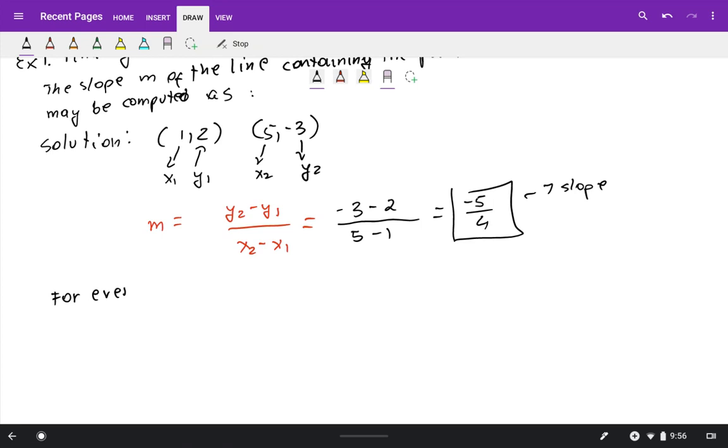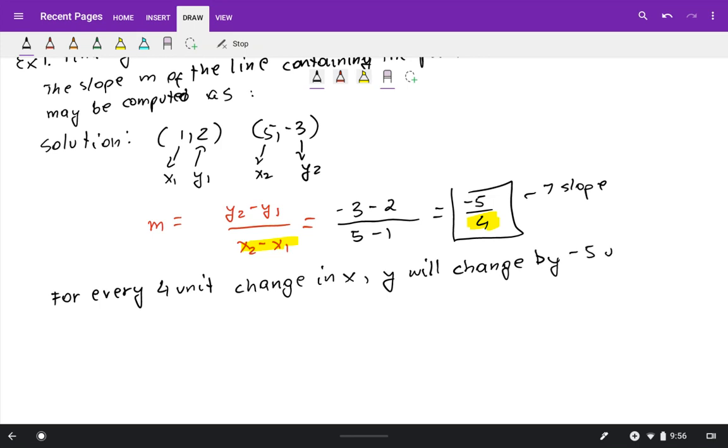Don't forget that slope is a ratio, so for every 4 unit change in x, because the 4 matches with the change in x, y will change by negative 5 units, because that negative 5 refers to the change in y. So that's how you interpret the meaning of the slope.